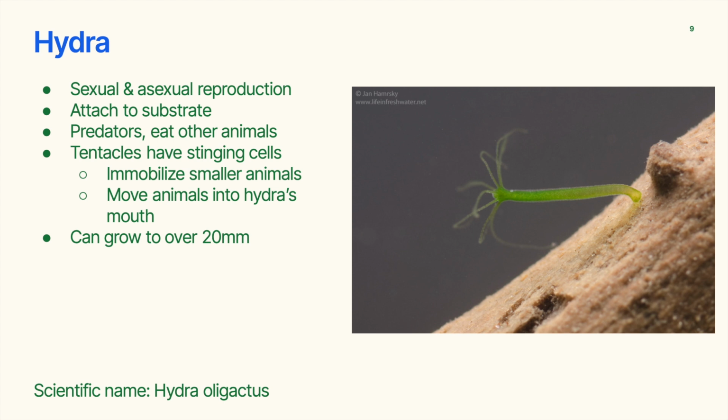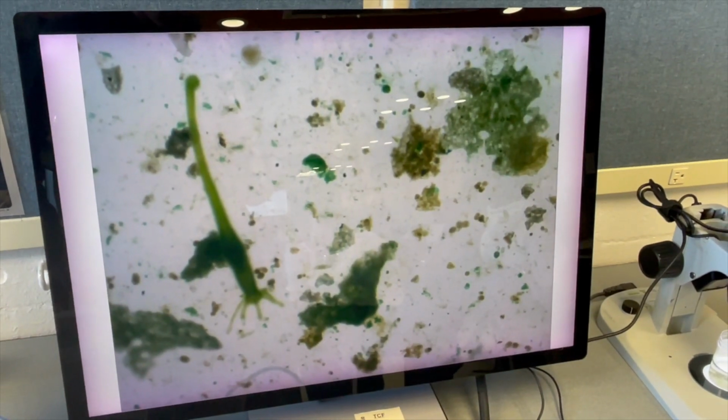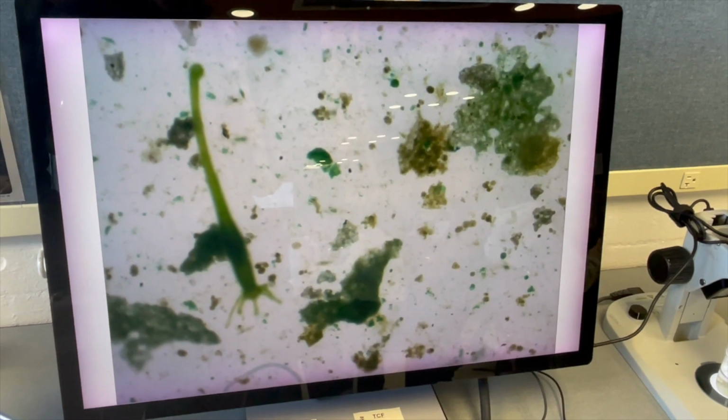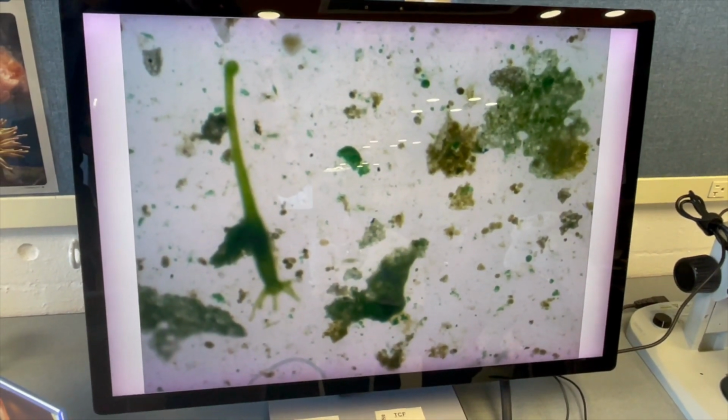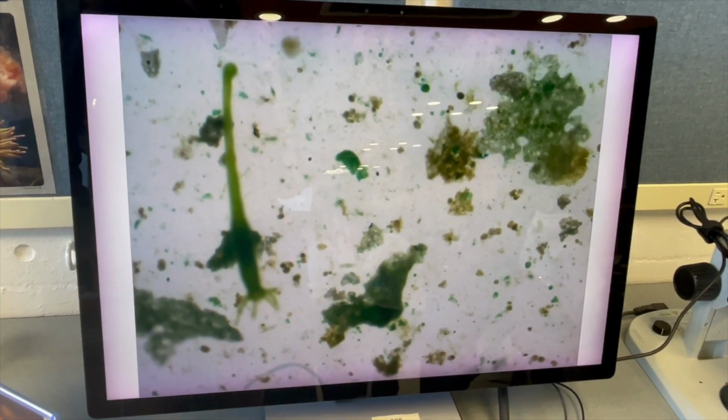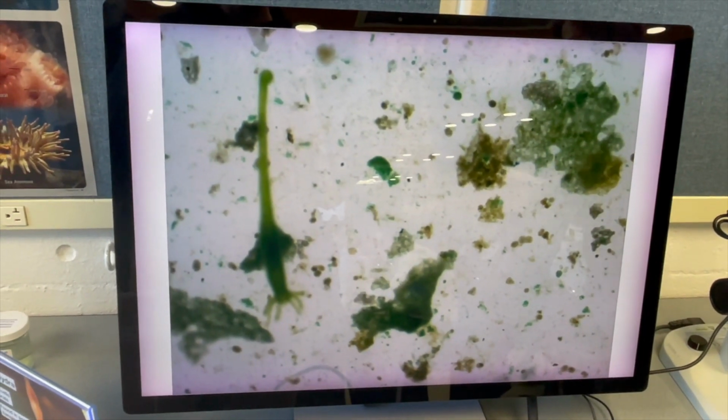They can grow to be very large, over 20 millimeters, which is definitely visible by the human eye. So, pretty cool. And here you can see some footage of an actual hydra under the microscope. It's moving around, trying to grab its food, doing some cool things.